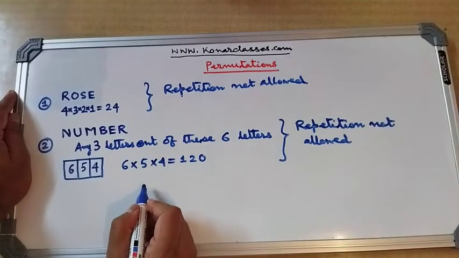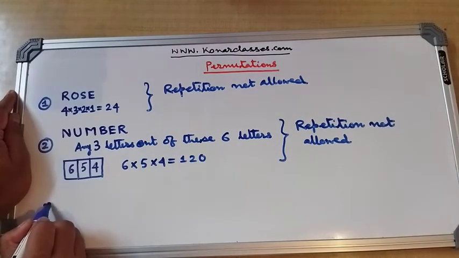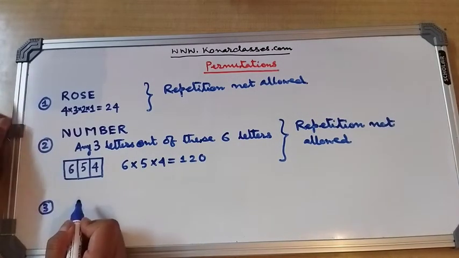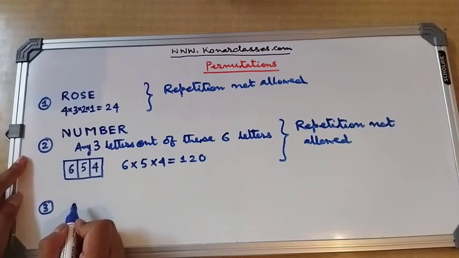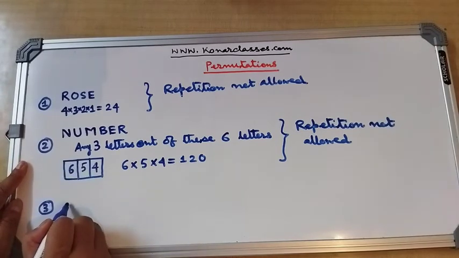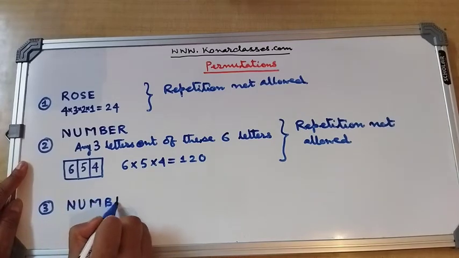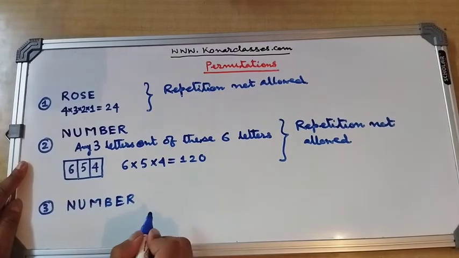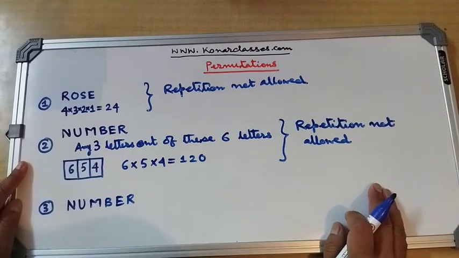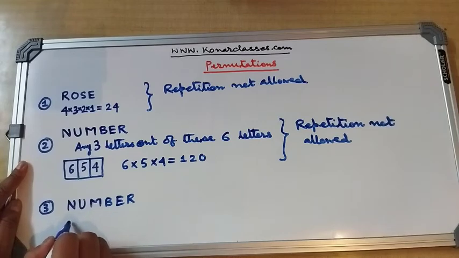Now suppose I place a third example where, from the different letters of the word number, any 3 letters of these 6 letters can be chosen, but repetition is allowed while forming the 3-letter word.